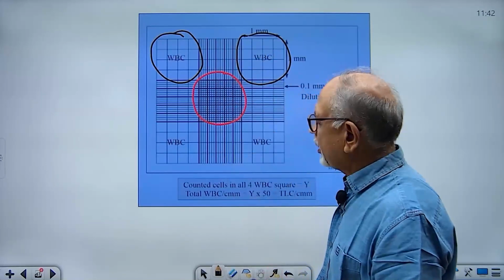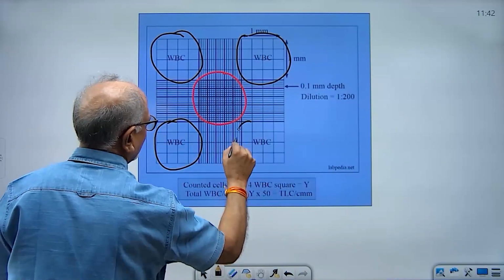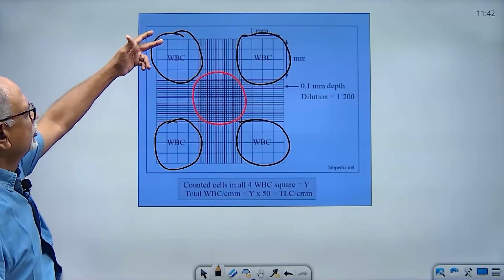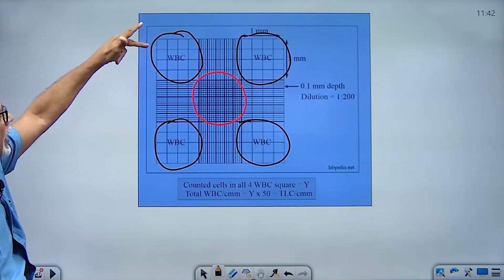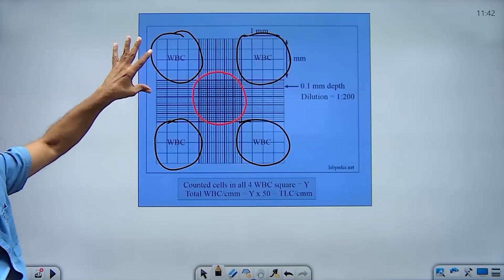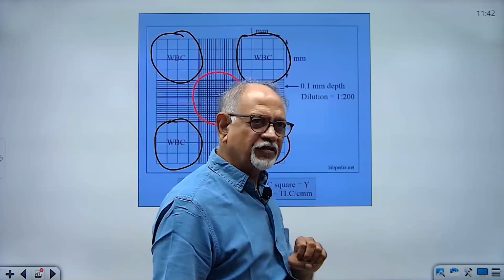As you can see, these 4 corners are meant for counting of WBC, and each corner has 1, 2, 3, 4, that is 16 small squares.